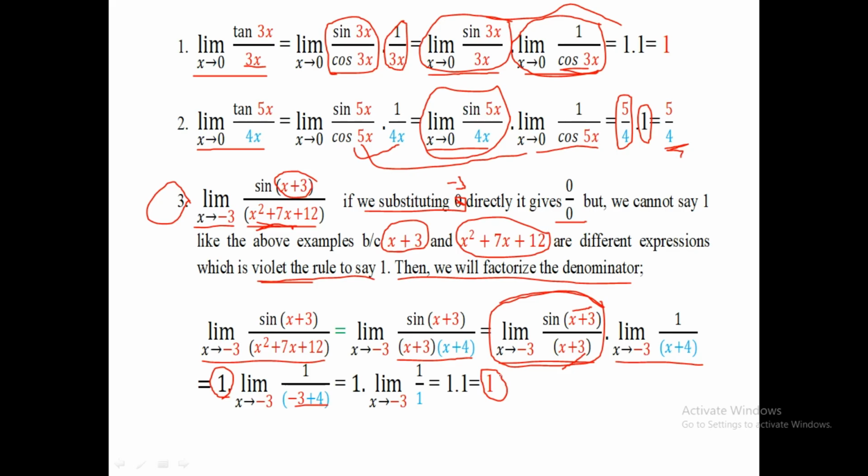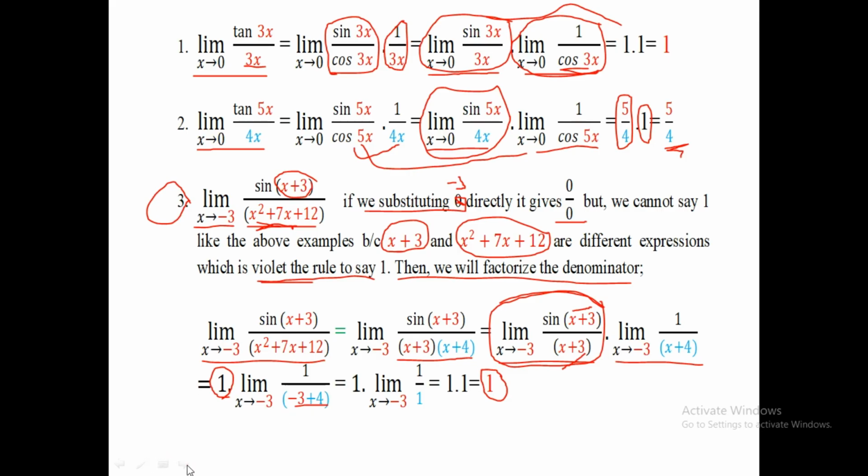This is the special example. So this special limit works, the first special limit works, if the expression within the bracket in sine and the expression in the denominator are equal, and if we substitute the approach value, it gives 0 over 0.